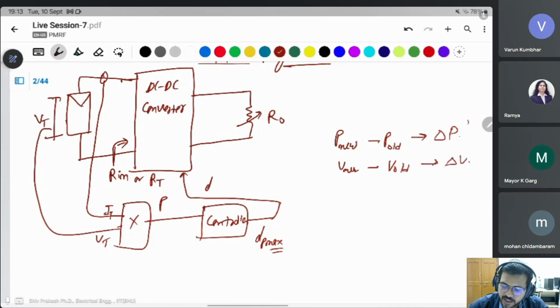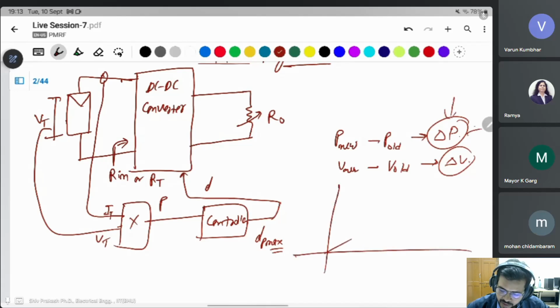Look at delta P and delta V. According to this you can calculate everything and use the algorithm between them also. Because the control is included in power, and you know the power curve like that. Here you want to track this power.